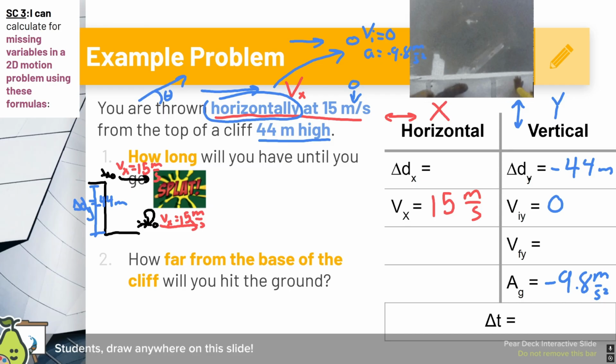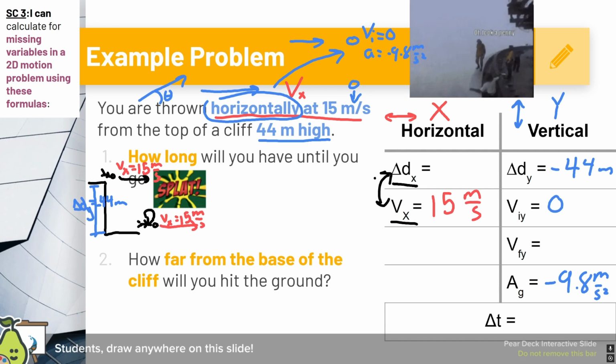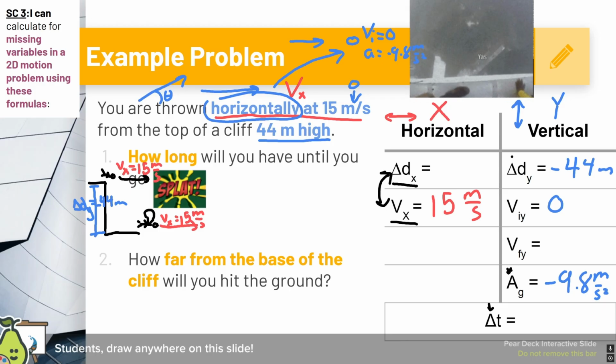I'm going to go ahead and tell you the only times, let me stress that again, the only times that you are ever going to use the horizontal side first to find time is if you're given both of these pieces of information. Otherwise, start with the vertical. Okay? So if we're looking for time first, we're going to write out our formula that has time, a, dy, and Viy. And guess what?